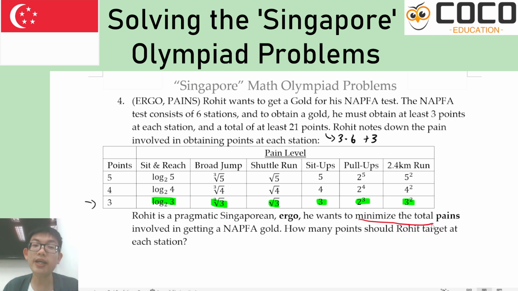So you just compare them, and it is pretty obvious that we don't have to worry about the last two, because the difference here is going to be way too much. We definitely don't want to go for these because the rest of them are very small. This is just +1 and this is just +1.